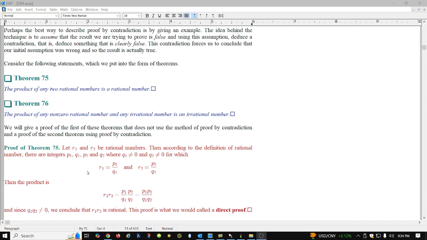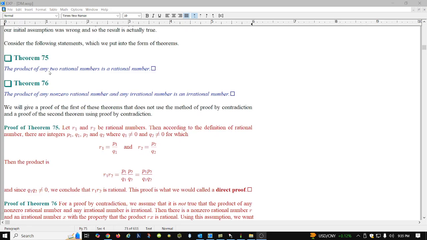So for the first proof, the product of any two rational numbers is rational. Let R1 and R2 be rational numbers. Then, according to the definition of rational number, there are integers for which R1 is P1 over Q1, Q1 not 0, R2 is P2 over Q2, Q2 not 0.